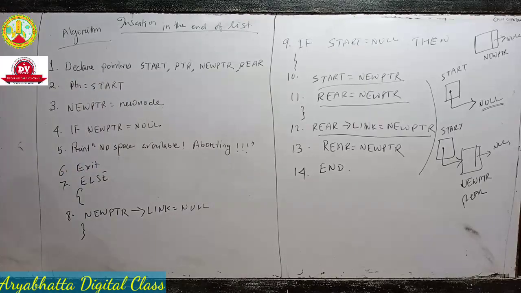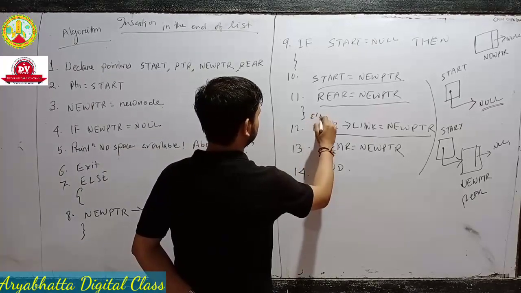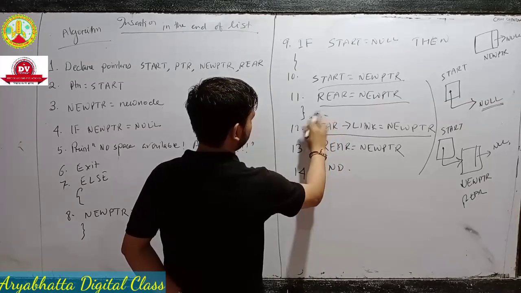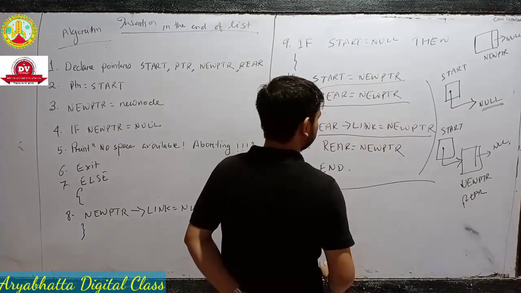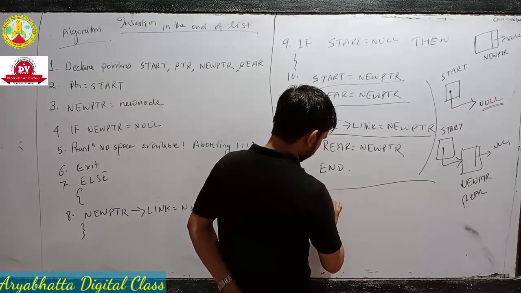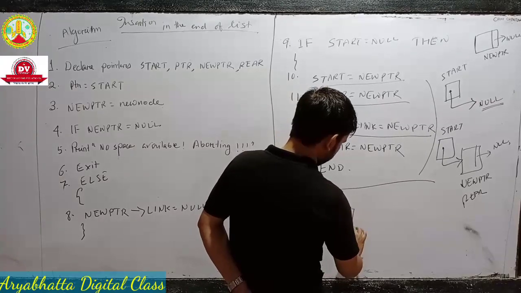Otherwise, suppose the list is not empty. This condition is in the else part. Else is not written in the book.